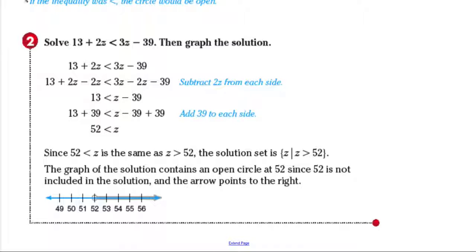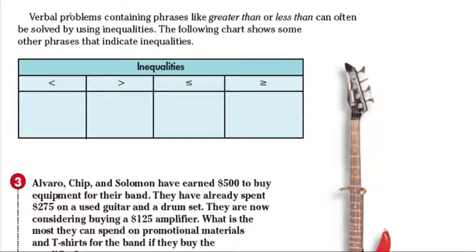So verbal problems containing phrases like greater than, less than, can often be solved by using inequalities. The following chart shows other phrases that indicate inequalities. The less than inequality can be represented by less than or fewer than.